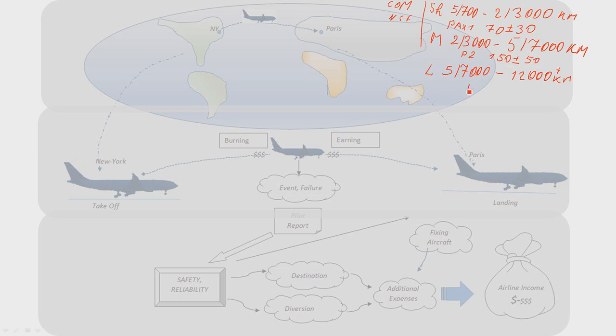For P3 we have 270 plus 130 minus 70. All these numbers are somewhere in the middle. Of course, we can see the shifting, moving left or right, but in general, this is in the middle.